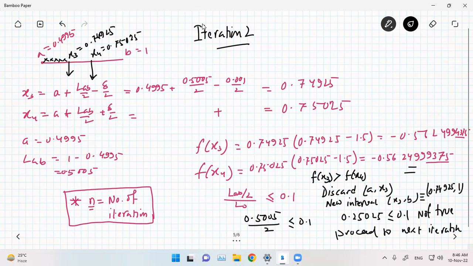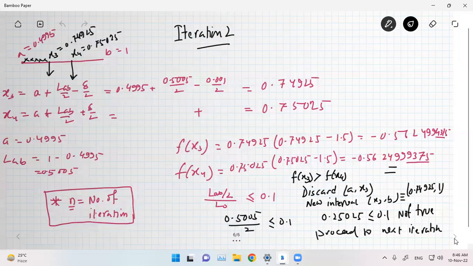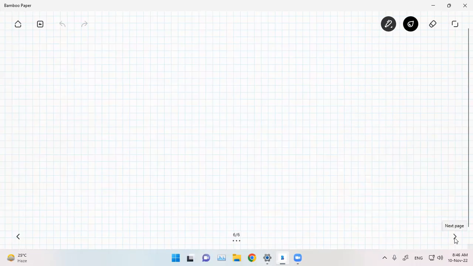Okay, so last iteration, because we know that we have to do up to 3 iterations. Basically, your diagram will be something like this. Your new A value is 0.74925, and B is still 1.